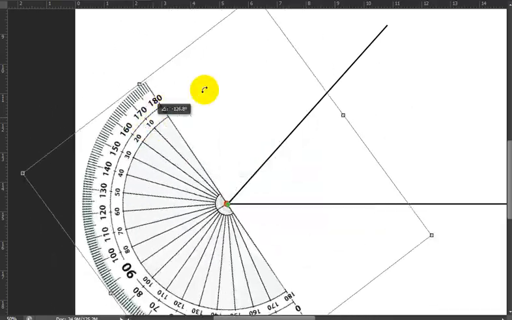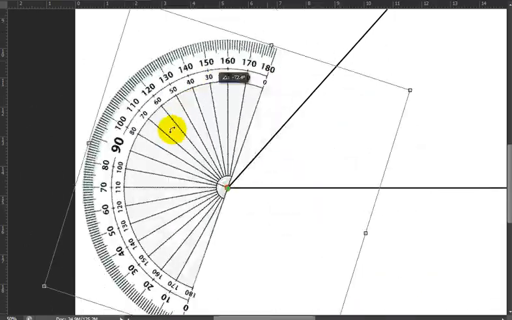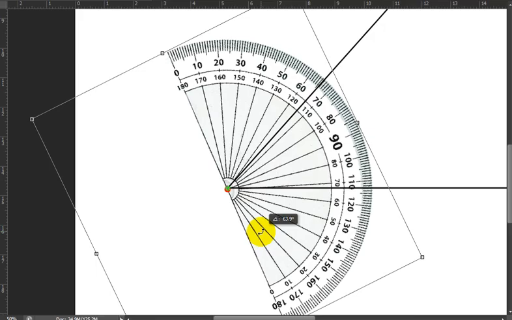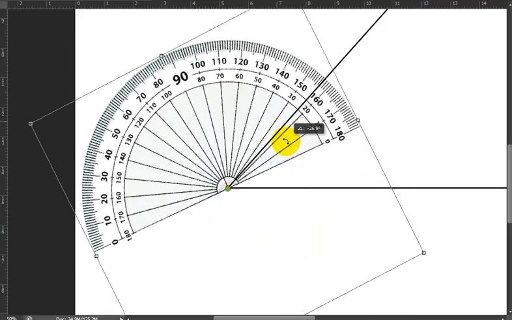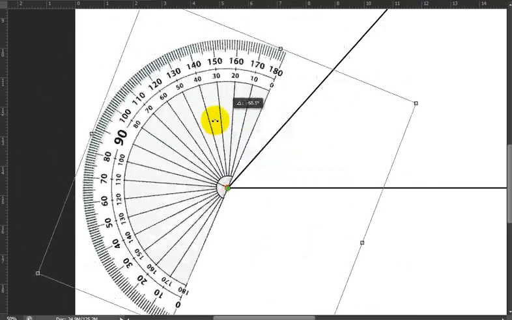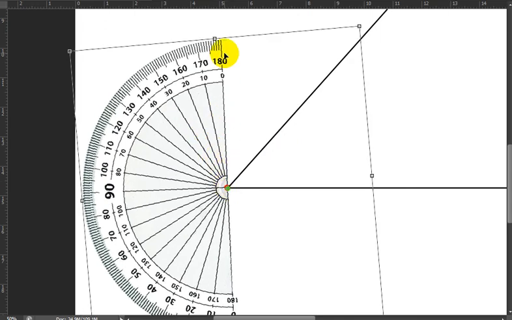But okay, where do I turn it? Where exactly do I stop turning? Well, I stop turning so that one of the sides, either this side or this side of the protractor, touches one of the lines that create the angle.